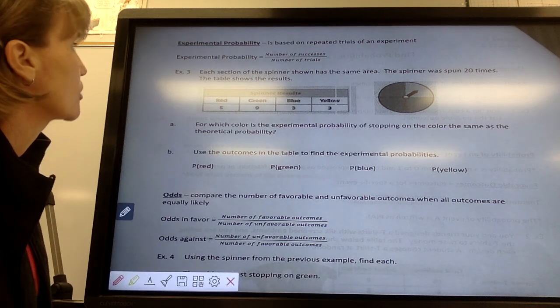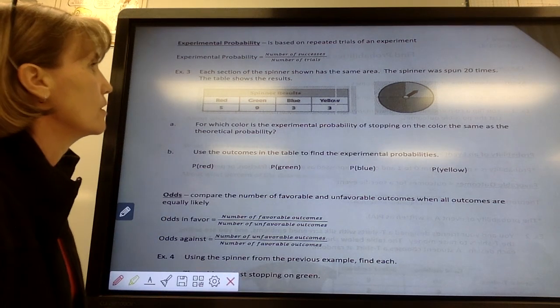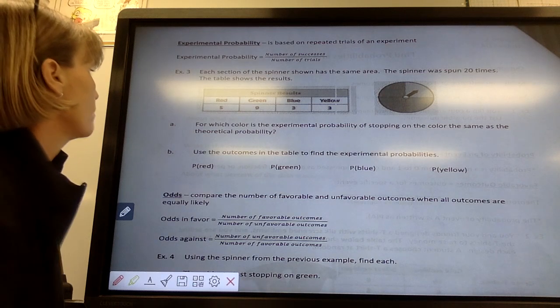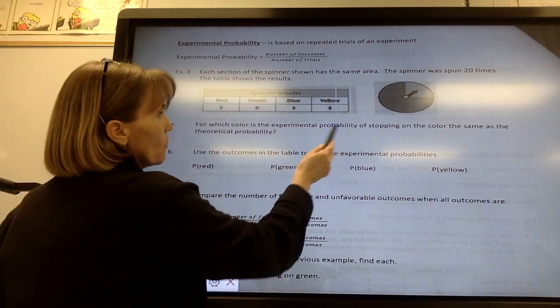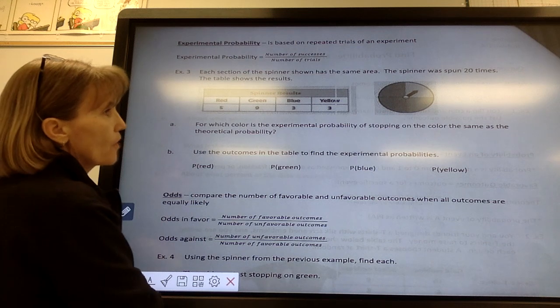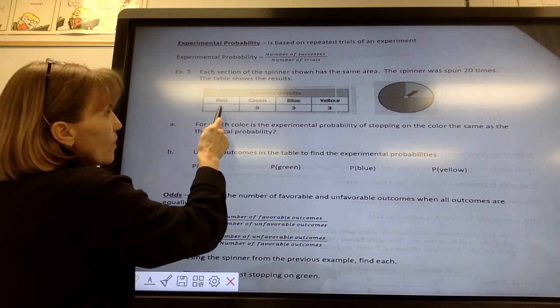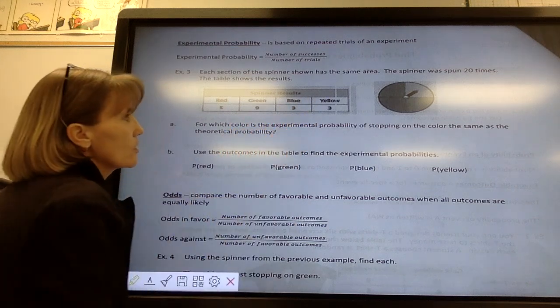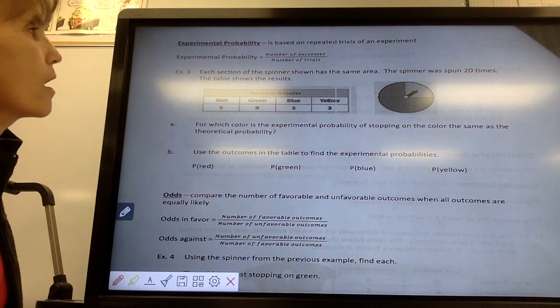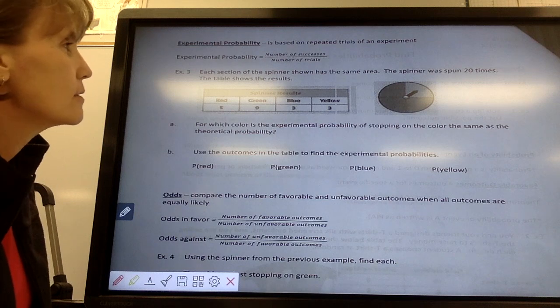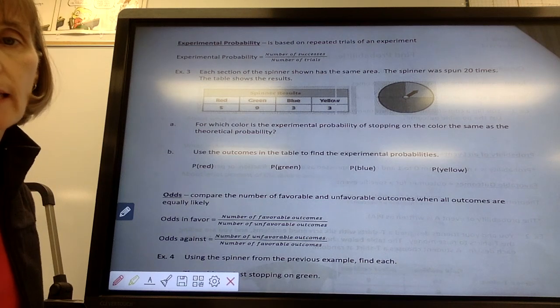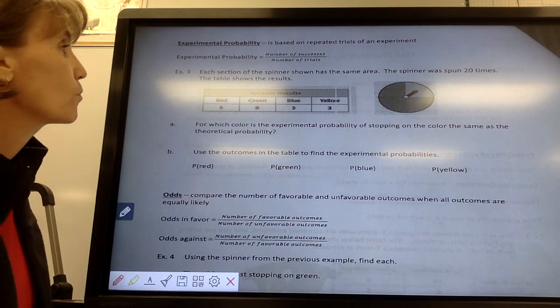Okay, so it says each section of the spinner shown has the same area. The spinner was spun 20 times. For what color is the experimental probability of stopping on the color the same as the theoretical probability? Well, we've got 1, 2, 3, 4 different colors. They should all be equally likely theoretically.